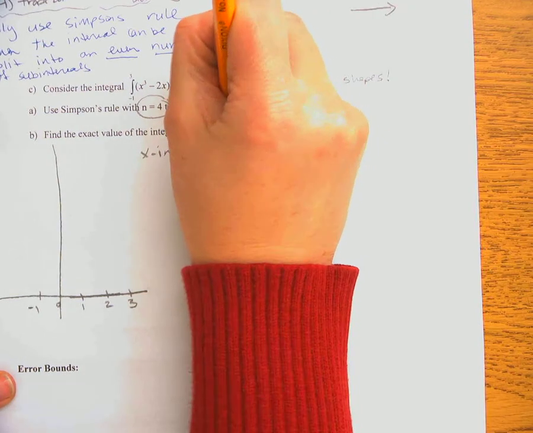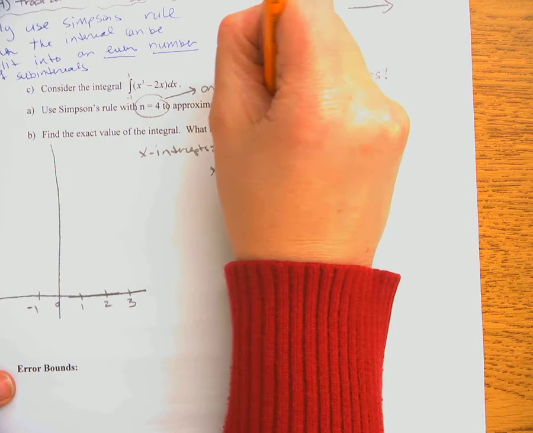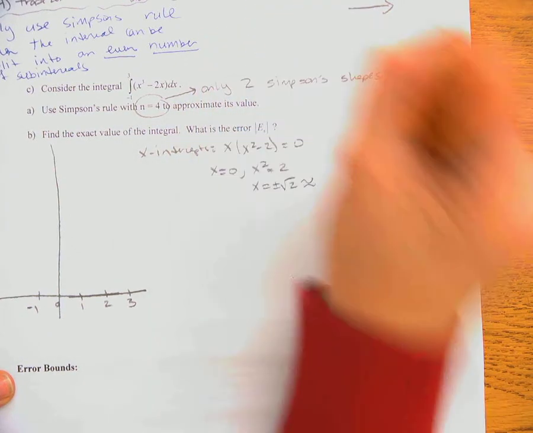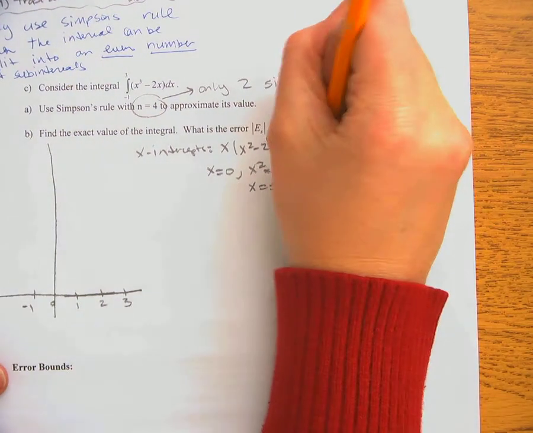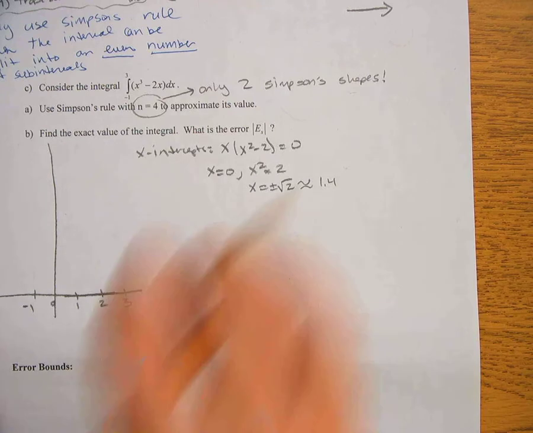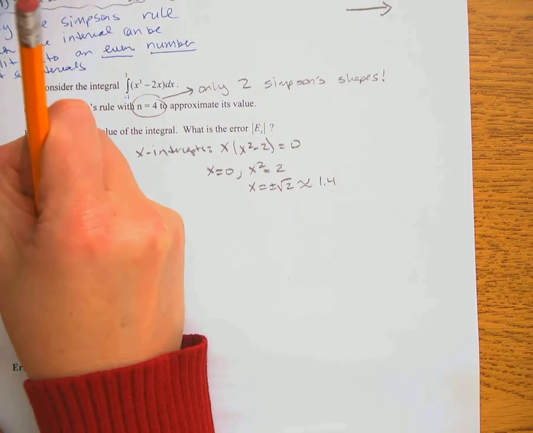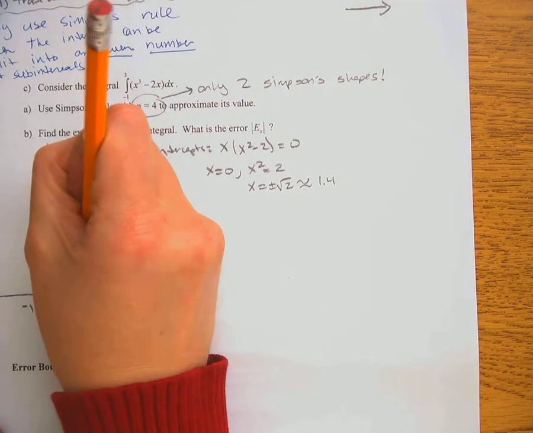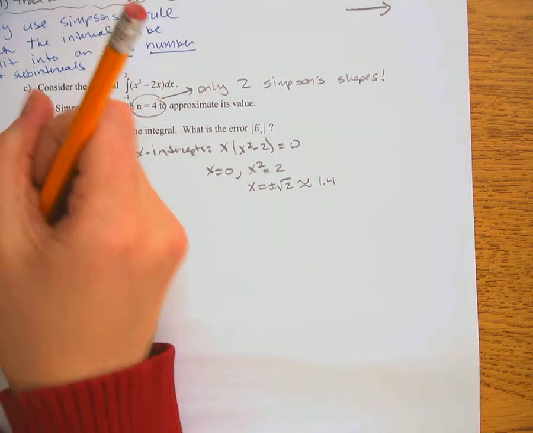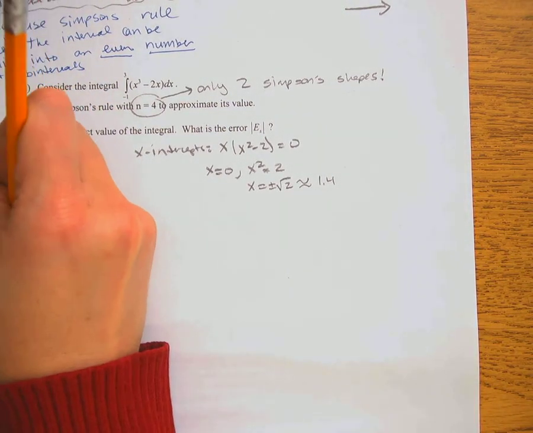So one x-intercept will be at 0, and the other 2 will be at plus and minus root 2, which is between 1 and 2, about 1.4. Okay, positive and negative. So I have an intercept at 0, an intercept at 1.4, and an intercept at -1.4, which is over here.